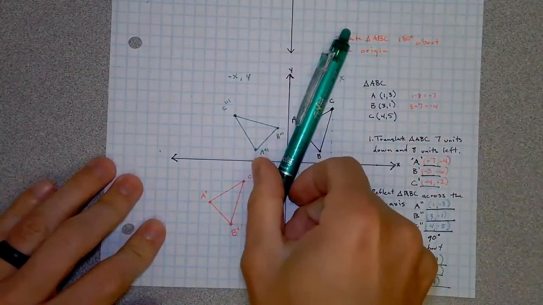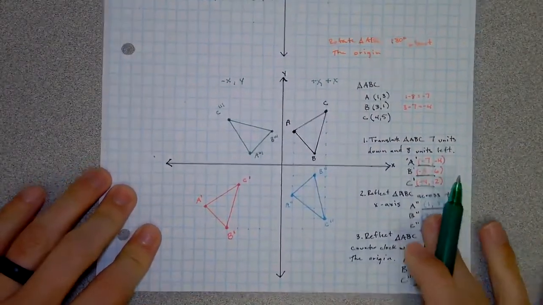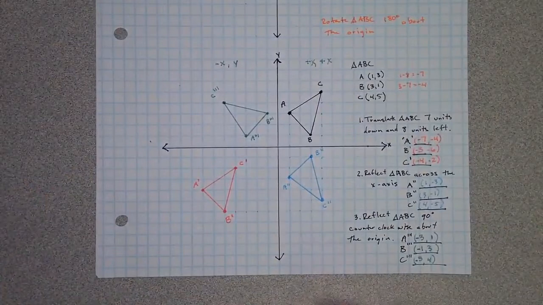And again, those points are a 90-degree rotation, counterclockwise, about the origin.